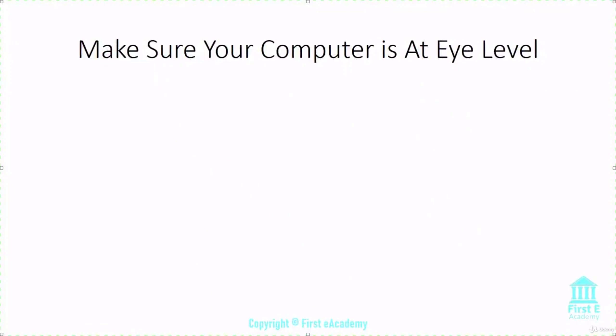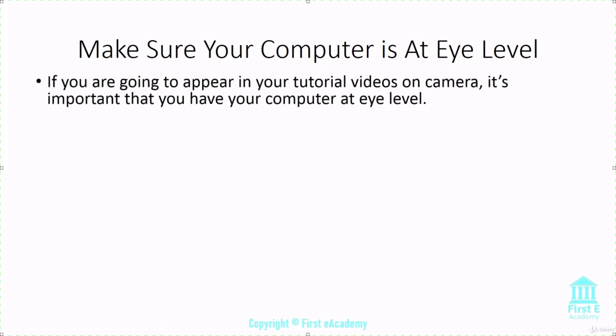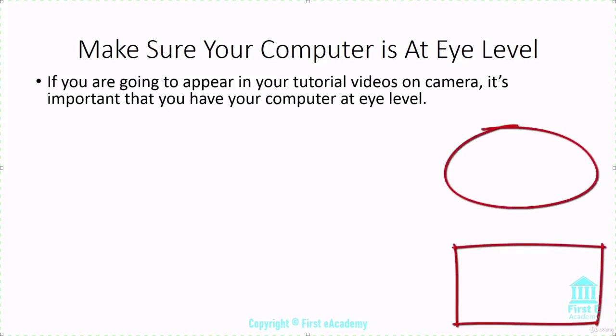Welcome back. Now, in this best practices video, we're going to be talking about making sure that your recording computer is at eye level. You're going to appear in your tutorial videos on camera. That means whether you appear fully as the subject of the video or in the corners, as we've talked about, you need to make sure that your computer is at eye level.